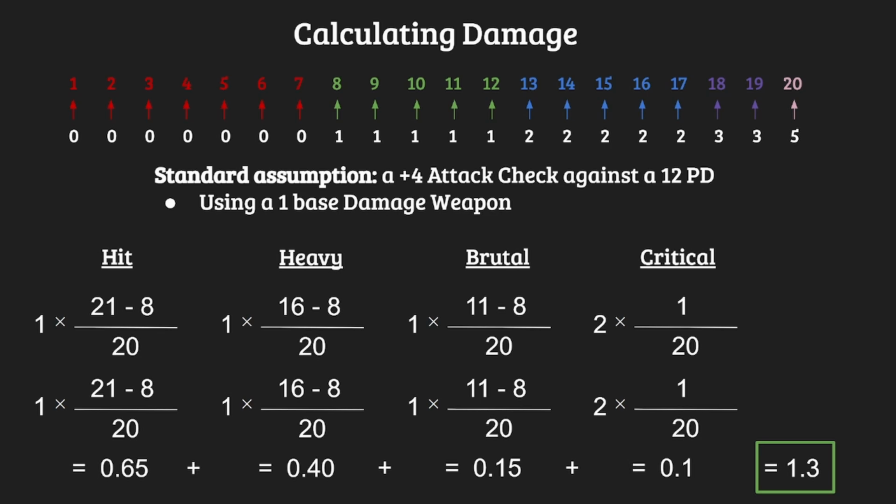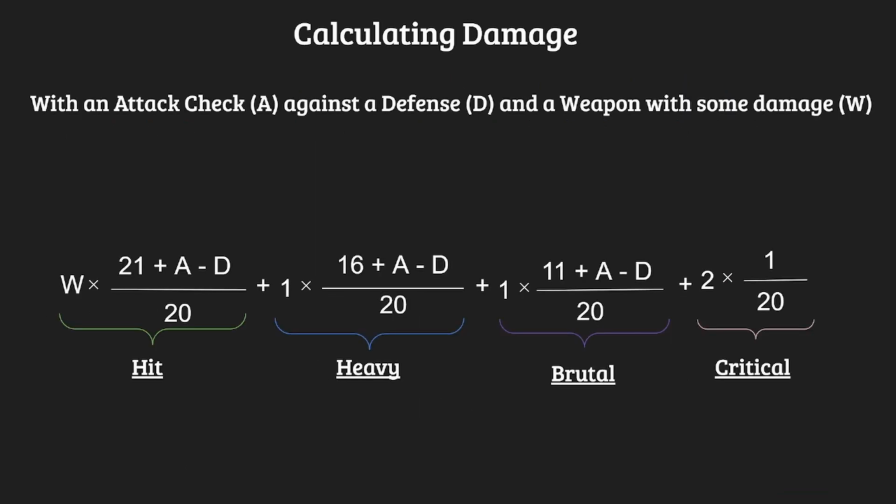So let's kind of make this a little bit more generic now. This would be our equation we'd use if we wanted to put all these things together in some generic situation, right? Let's say you wanted to know with some attack check, some PD, and some weapon with some damage, what your damage is going to come out to. Well, that's going to be the weapon damage times our chance to hit, which is 21 plus the attack minus the defense over 20.